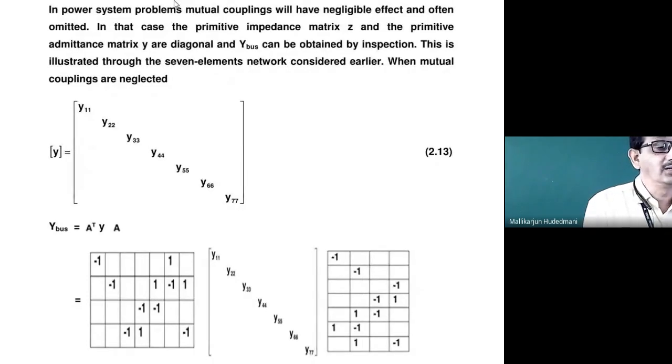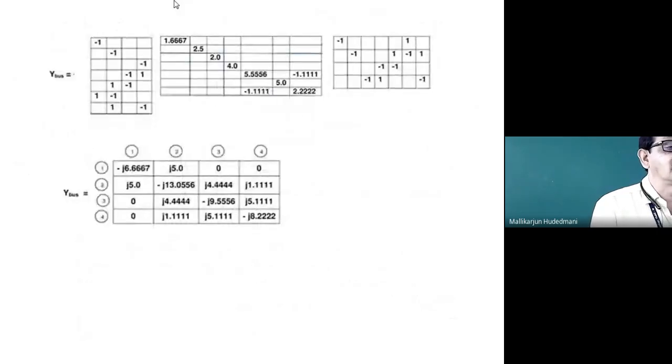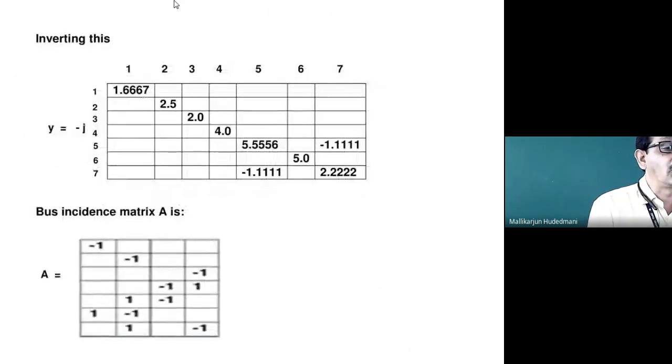No elements across the upper triangle or lower triangle. Hence it is a non-coupled case. But what I am dealing with over here is a coupled case. There is a mutual coupling between a number of elements. Therefore, it should be resolved carefully. 4 cross 4 only, but the elements are not the same. So, it requires a small work.